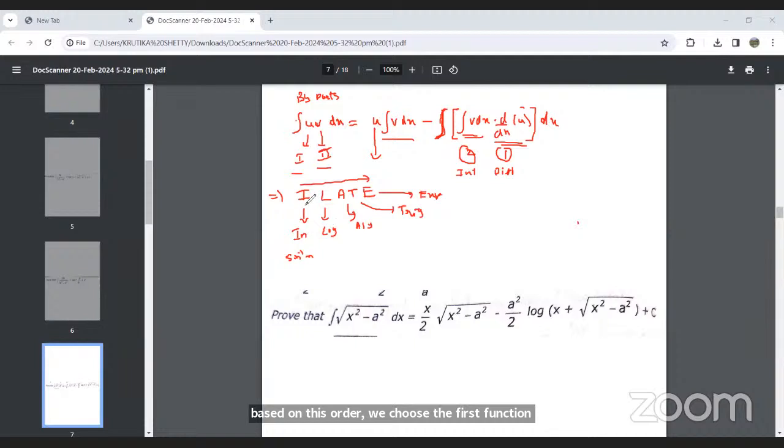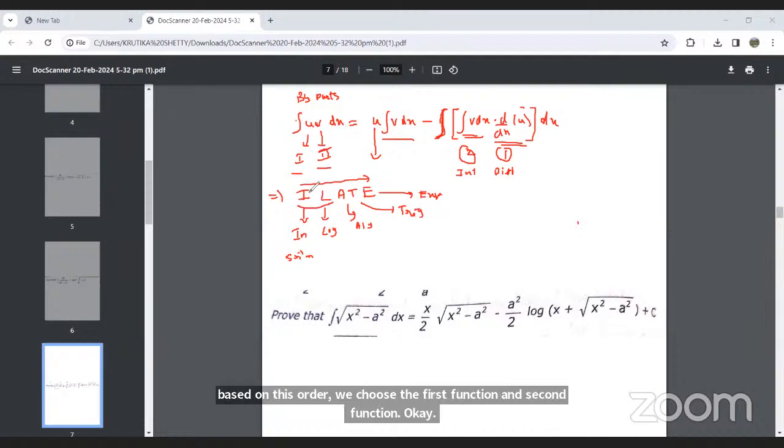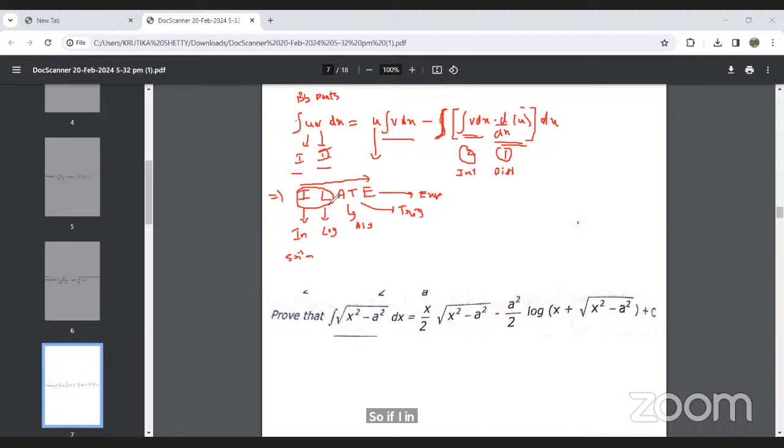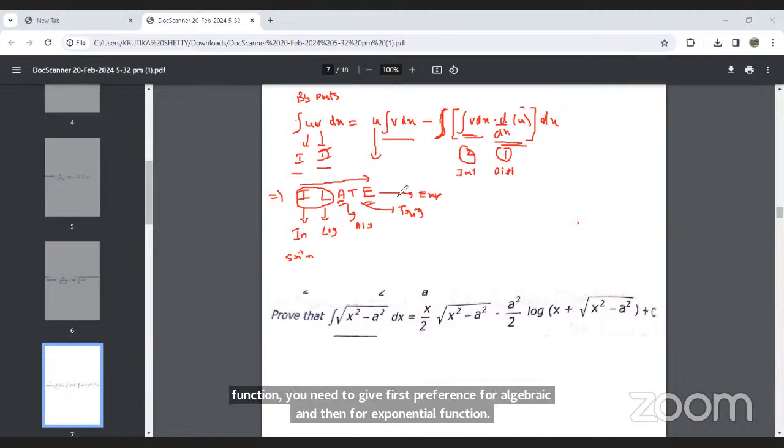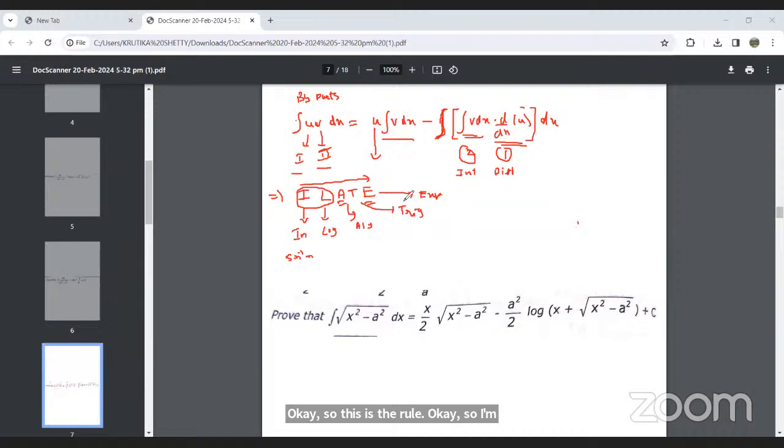If the example is a mixture of inverse trigonometric and logarithmic, first you need to consider inverse trigonometric, and second the log function. Similarly, if it is a mixture of algebraic and exponential function, you give first preference to algebraic and then exponential function. So this is the rule. Now, making use of this rule, we will discuss a small example and then start with the properties and today's properties.